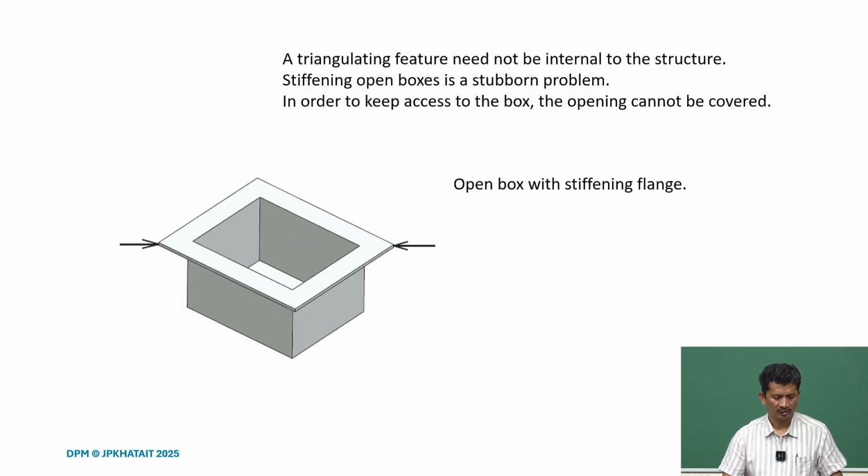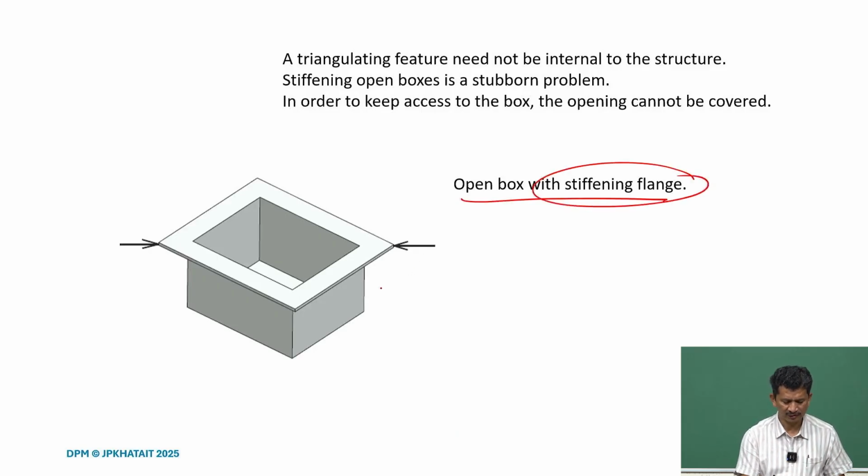Again, there are some box designs, and many times we need an opening, and at the same time we also want a stiffer structure. If it's a closed box, definitely it's stiffer, but the opening is important, and that's why one way is to add a stiffening flange like this.